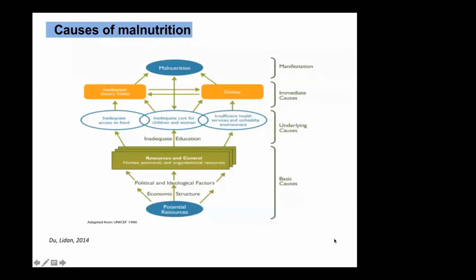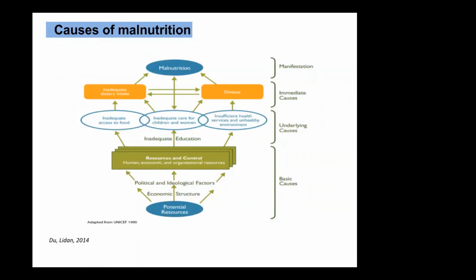In this slide you can see that malnutrition is caused by inadequate dietary intake and also disease. The dietary intake is linked to some of the content from the video that we saw, like the intake of high calorie foods, as well as a lack of intake of other things, for example breastfeeding. That is also one of the reasons.